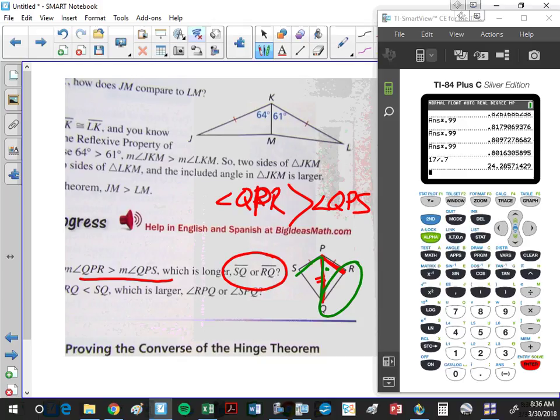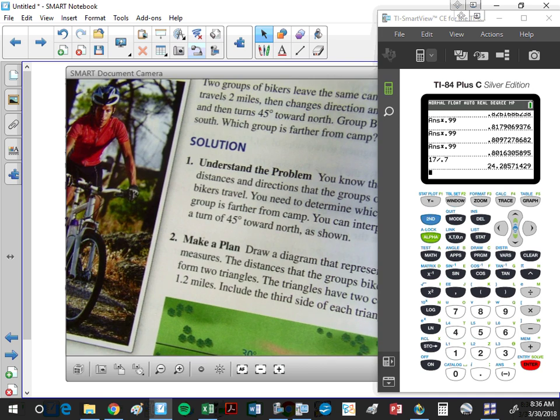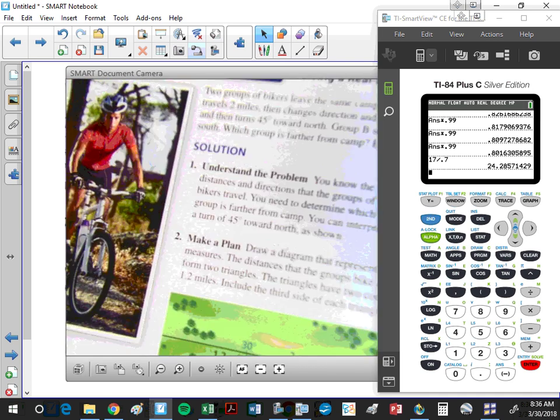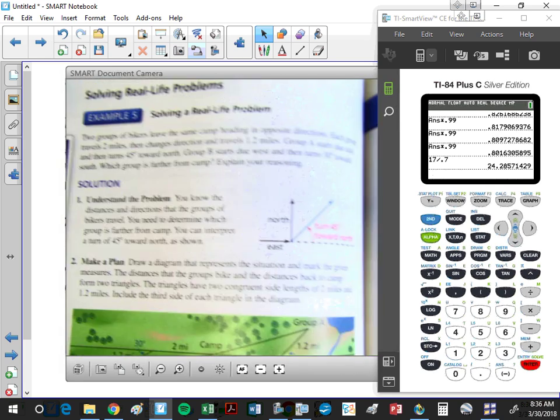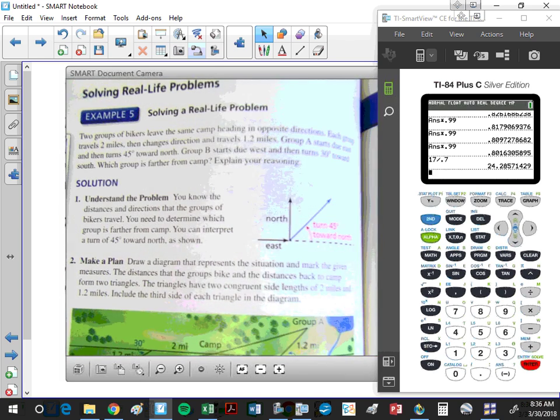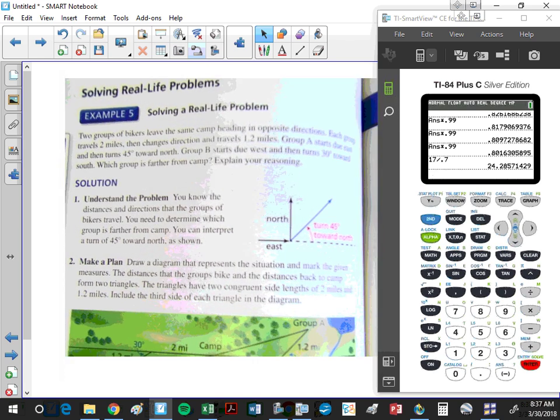All right, solving a real world problem. Turn the page. Two groups of bikers leave the same camp heading in opposite directions. Each group travels 2 miles, then changes direction and travels 1.2 miles. Group A starts due east and turns 45 degrees towards the north.